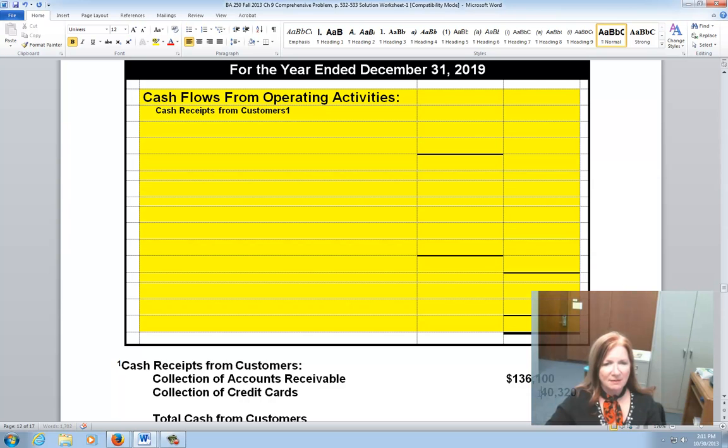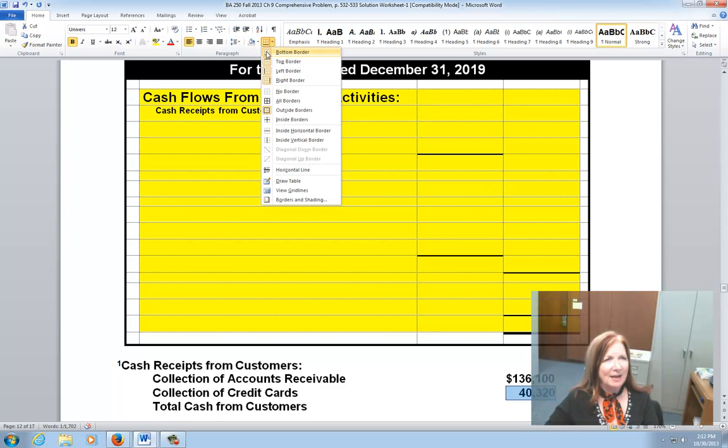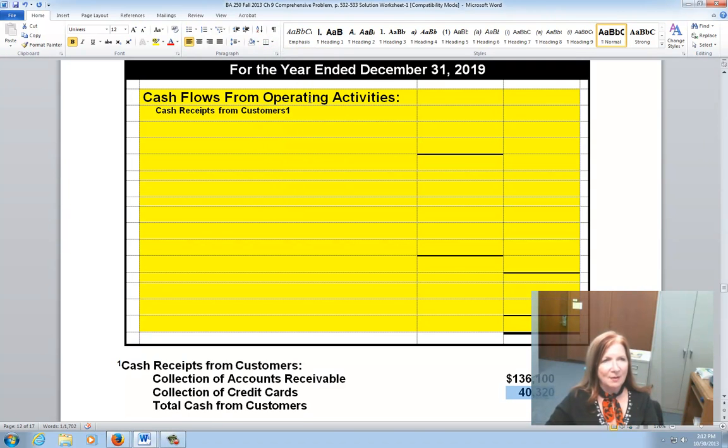And I'm going to actually bring that in one. And then I have to line it up like that to make sure that it's in proper perspective. So now that's the total, because the next one says total. And so I'm going to come up here to home, and I'm going to look for the underline with the bottom border. And now, oops.